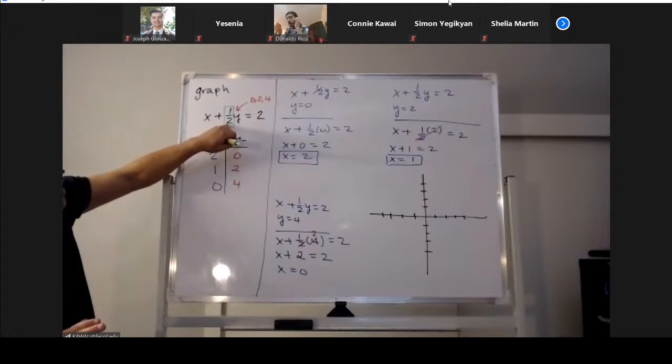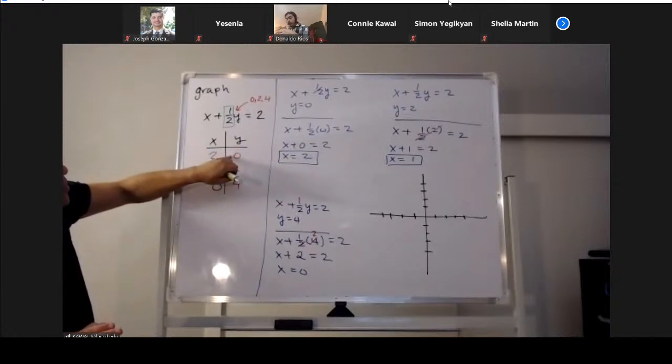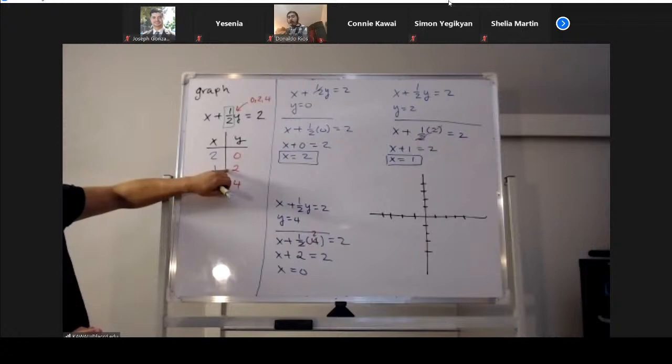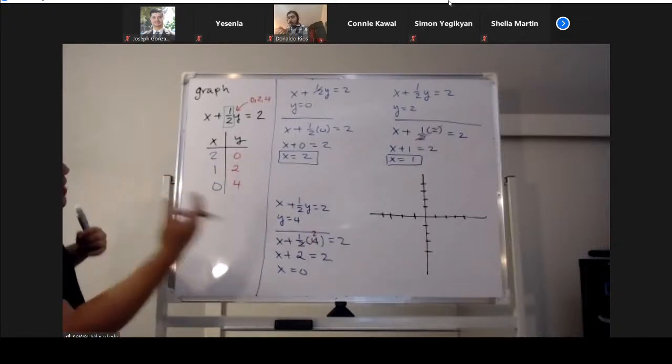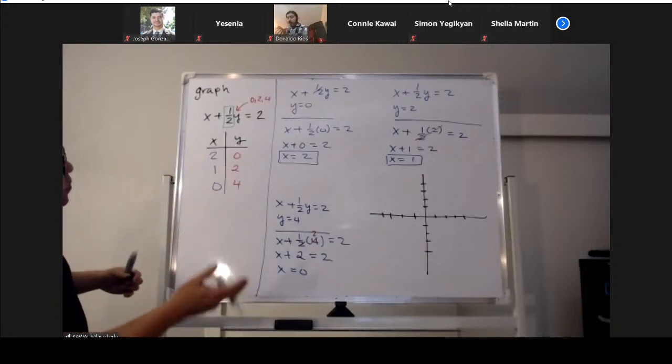If 2 is the denominator, 0 times 2 is 0, 1 times 2 is 2, 2 times 2 is 4. So you're skip counting: 0, 2, 4, 6.